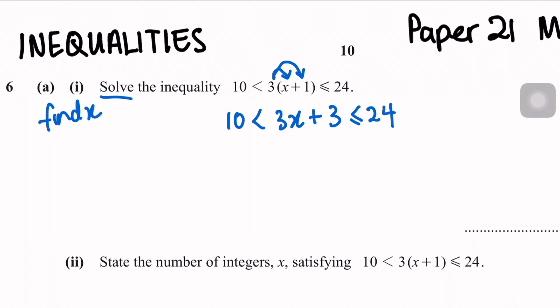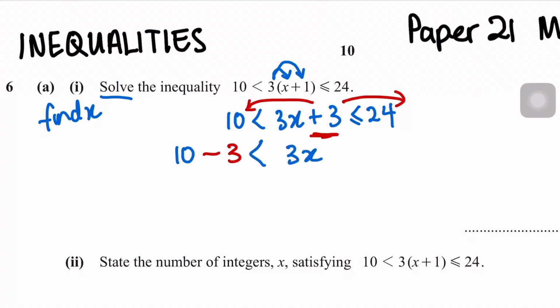Next, you need to move the plus 3 to both left and right side. When you move to the other side, the sign of the plus 3 will change from plus 3 to minus 3. So 10 minus 3, leaving the 3x inside.